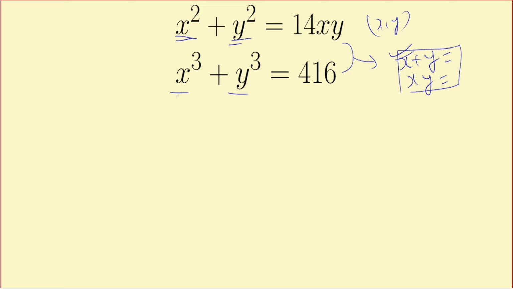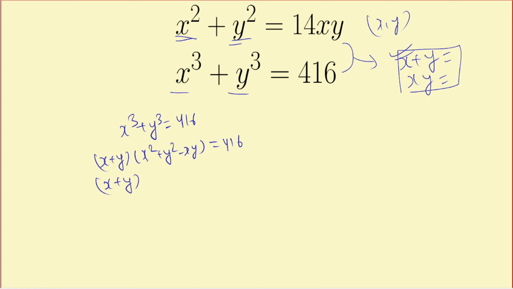Okay, so if you look at the second equation, here we have x cube plus y cube equal to 416. I can write this x cube plus y cube as (x plus y) times (x square plus y square minus xy) equal to 416. And I can substitute x square plus y square equal to 14xy, minus xy, equal to 416.